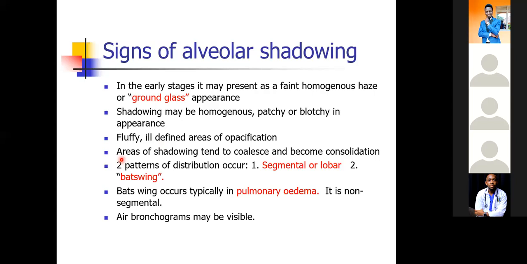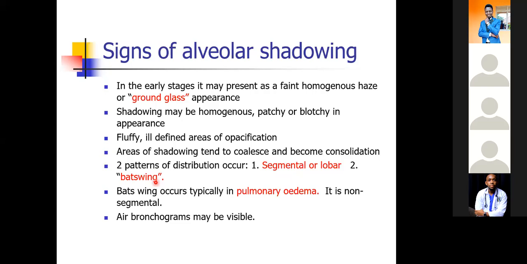And there are about 2 or 3 patterns which are easily identifiable. One of them is the segmental or the lobar pattern. The other one is the bat swing pattern.